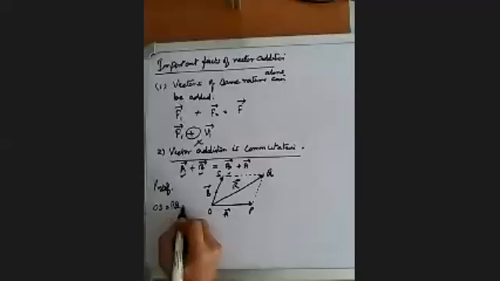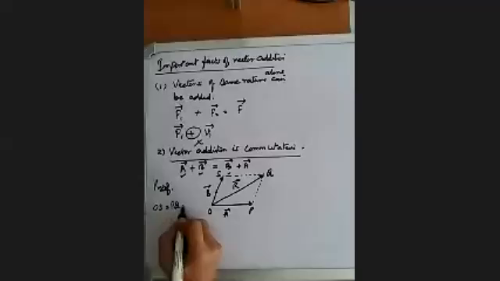Now triangle OQS. In this triangle, this and this are in same order and this is in opposite order. So R vector is equal to OQ vector plus QS vector.